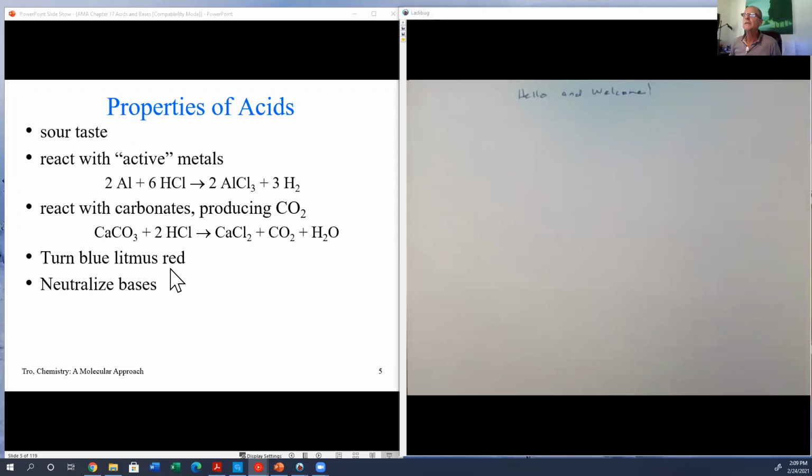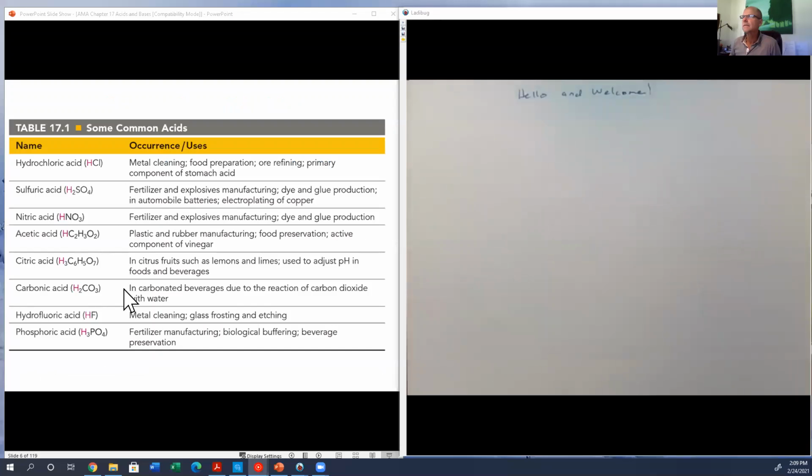Acids turn blue litmus paper red, all right? In the lab, one test to see if a solution is acidic is to dip some litmus paper in it. If it turns red, then you know the solution is acidic. If it stays blue, then you know it's basic. Yes, limestone is correct, acids will dissolve limestone. And then lastly, acids neutralize bases.